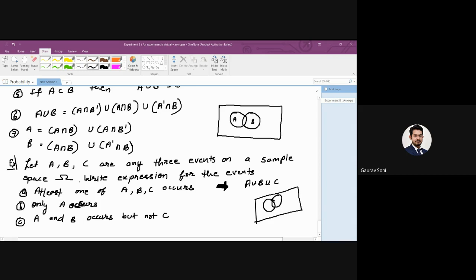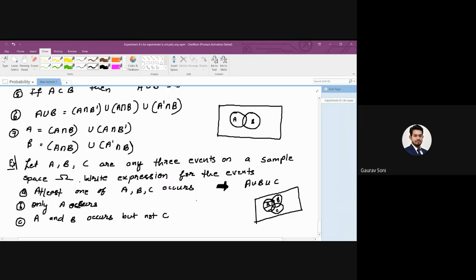No. This is A, this is B, this is C. What you need is your outcome only in this part A. It cannot be in B or in C. A intersection B union C complement.